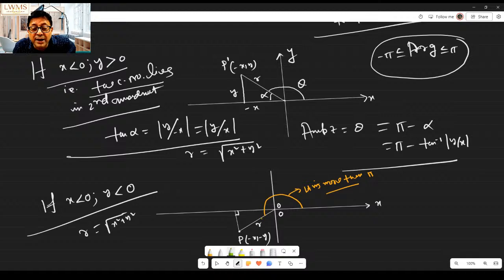Instead, we are considering amplitude this manner. Now, like the previous case, this angle is known. Let this be alpha. Let us write alpha, and from there, amplitude. So this portion is called amplitude.